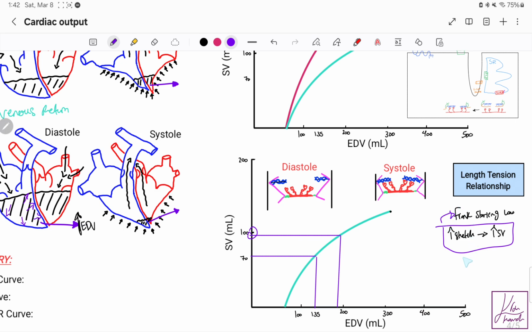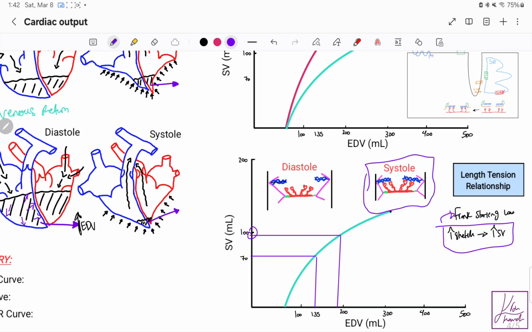This is just a simplified version of what the Frank-Starling law is saying. What does it actually mean? Well, take a look. This portion to this portion, let's say that's the length of the myofibrils, or the sarcomere, during diastole in this portion of the curve. But the more I approach this portion of the curve, they start to become more and more like this.